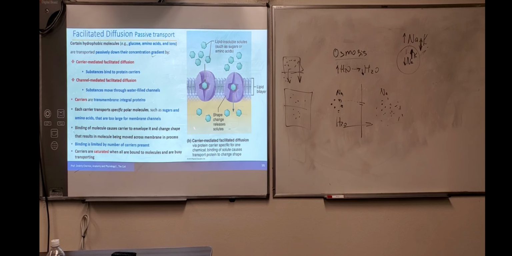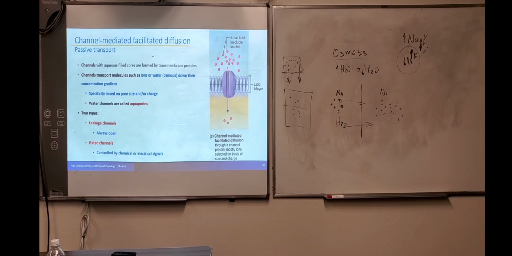Facilitated diffusion, so here's your carrier-mediated, the protein, so the fit type passes through. That's a transmembrane integral protein that spans through the membrane. So things like glucose, amino acids, some ions, like in this example, can pass through these channel-mediated proteins, also going from high to low, no energy required.